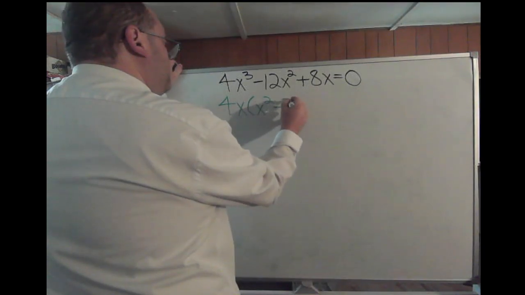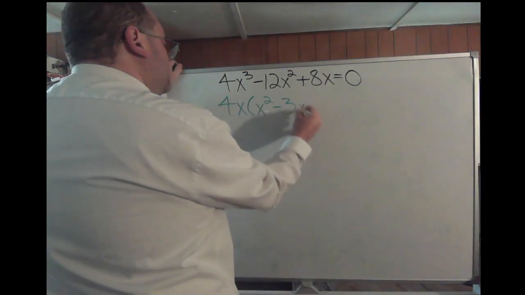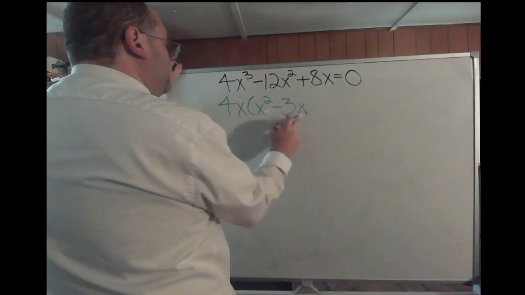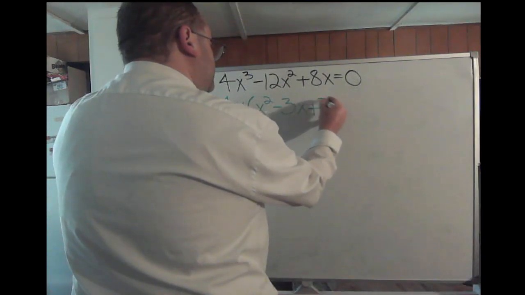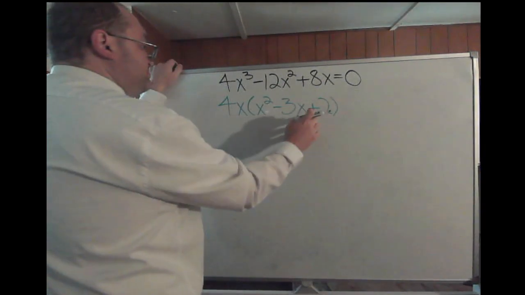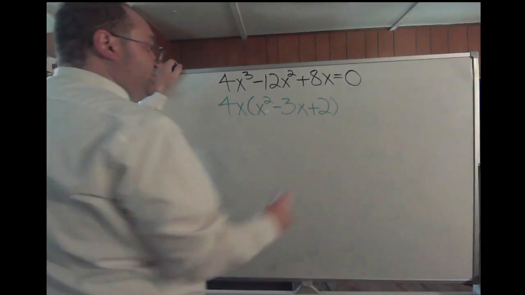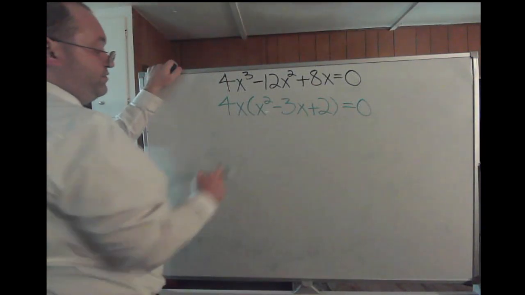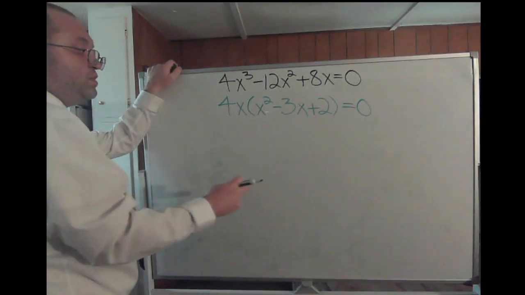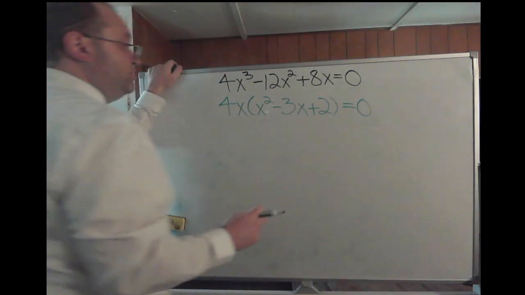X squared minus 3x, because 4x times negative 3x is negative 12x squared, plus 2. 4x times 2 is plus 8x. So we got so far the 4x times the quantity of x squared minus 3x plus 2.